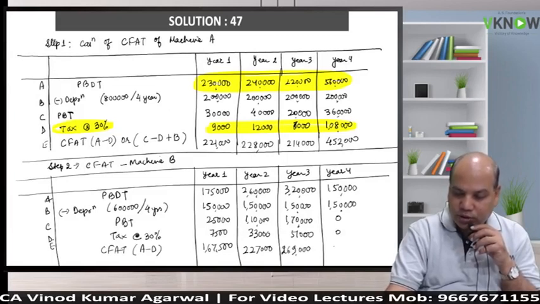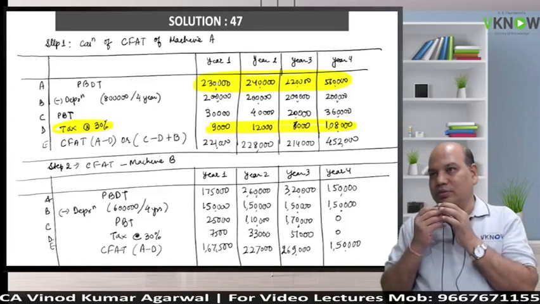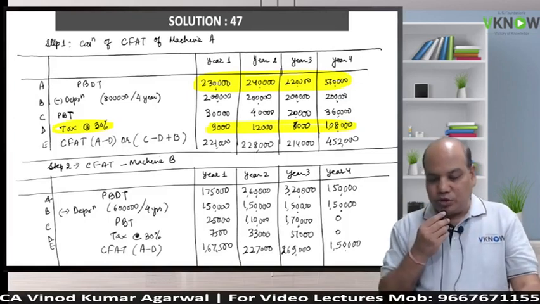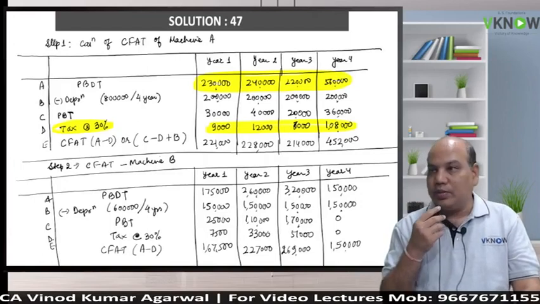Last one, 1,50,000. So first you do this basic working, which will give you CFAT. CFAT can be A minus D or C minus D plus B.